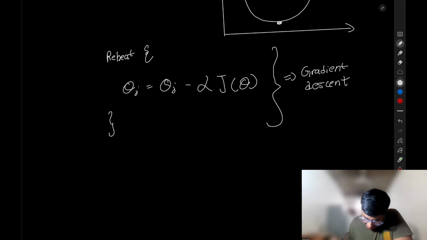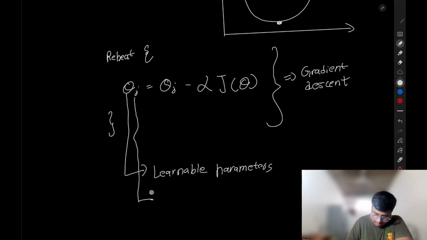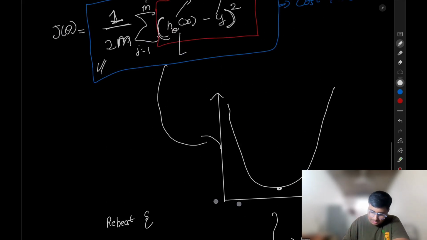So let's discuss, what is theta j? Theta j is our learnable parameters. What is j here? j is the index over the learnable parameters that will be present in our function. I know this is a little bit complicated.